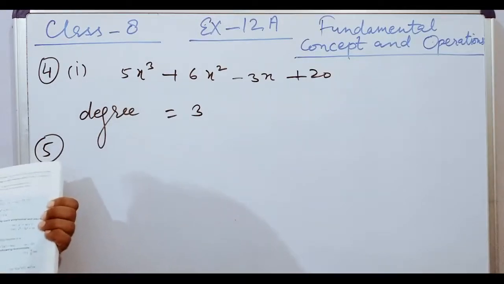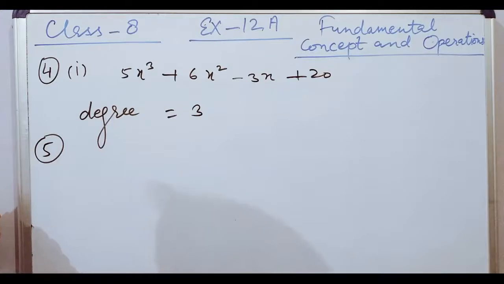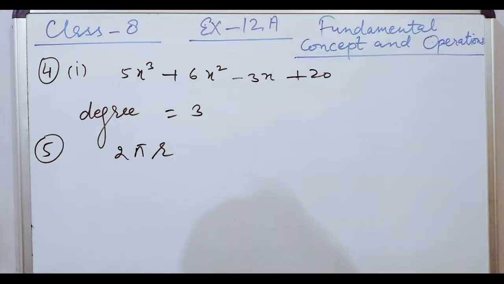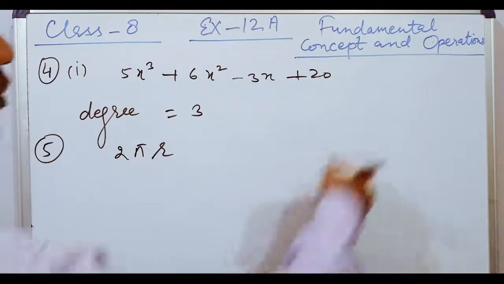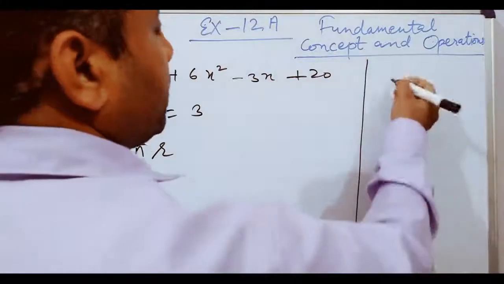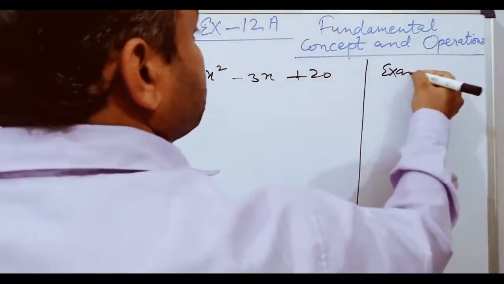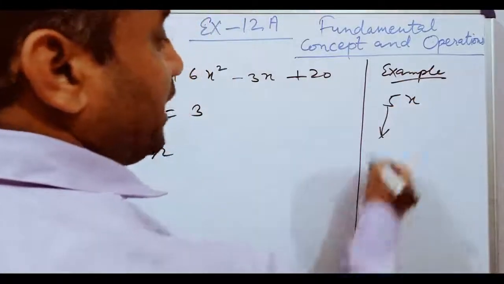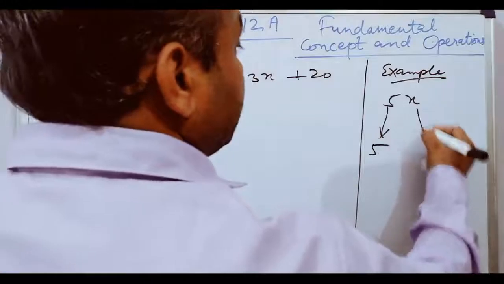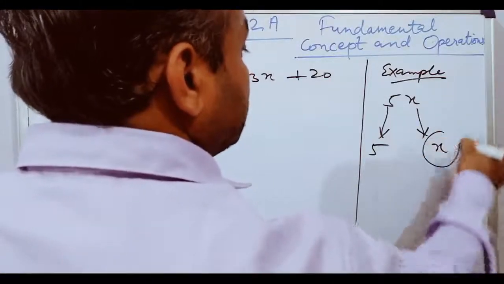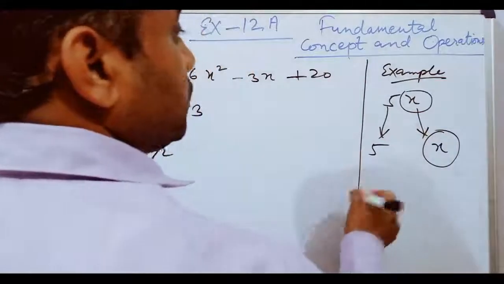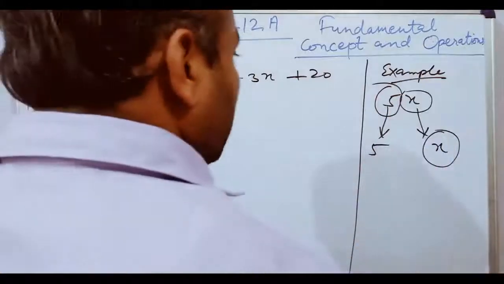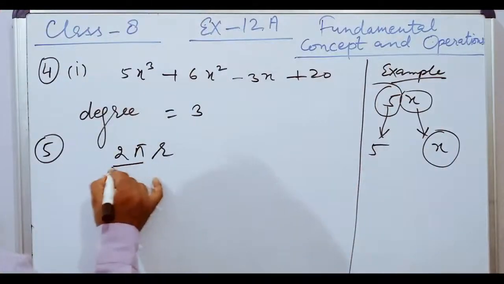Now question number 5. Write down the numerical as well as literal coefficient of the following monomials. See, 2 pi r. Here numerical coefficient and literal. I want to tell you with examples. See, 5x. Here numerical value is 5 and literal value is x. Whose value can be changed is called literal coefficient, and whose value can't be changed, having fixed value, is the numerical coefficient.